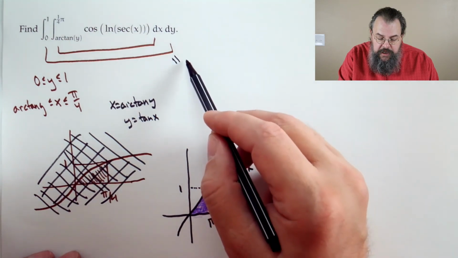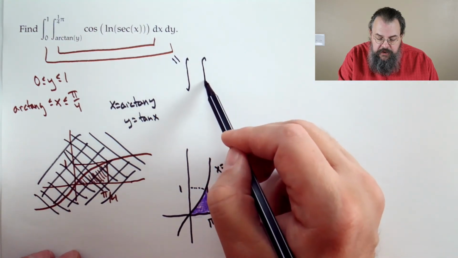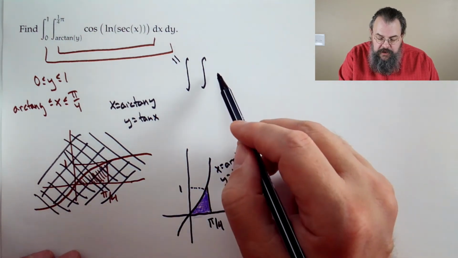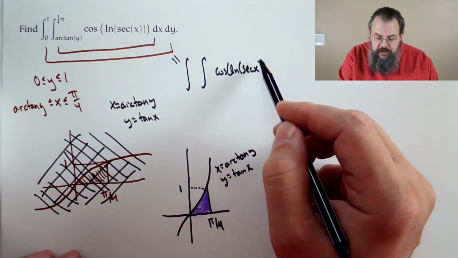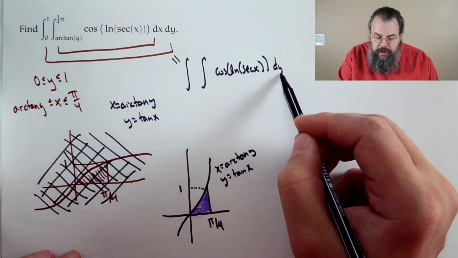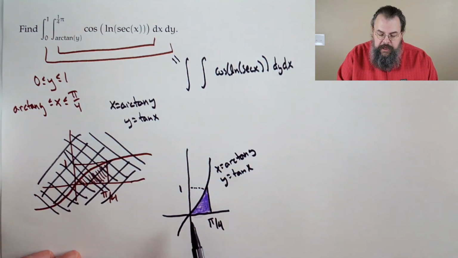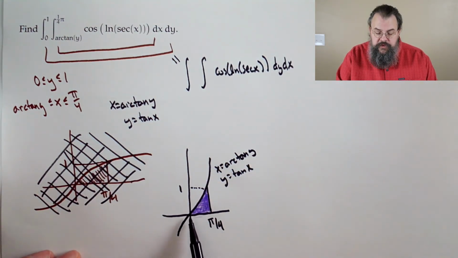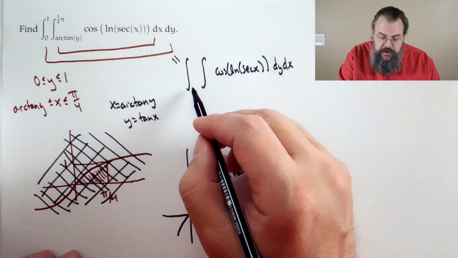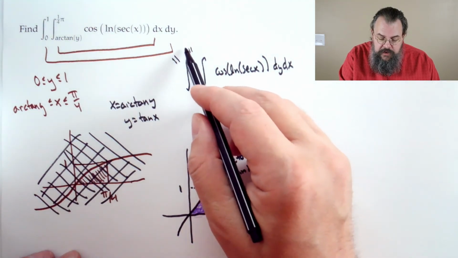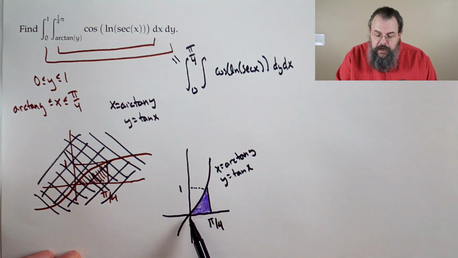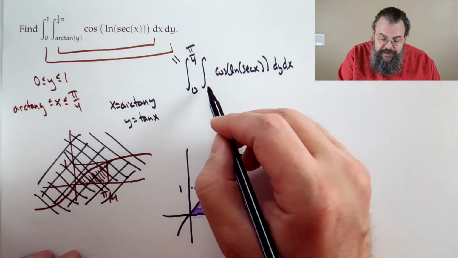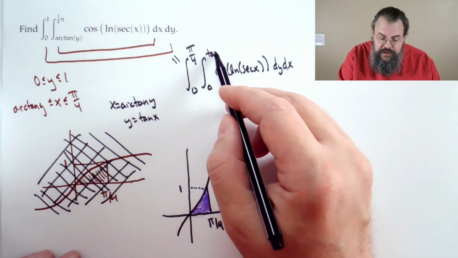We're going to get the integral of the same function, cosine of log secant x, and we're integrating dy dx. And x goes from 0 to pi over 4. Nice. It's always nice when you get 0 involved. And then where does y go? Well, it goes from 0 up to tangent of x.